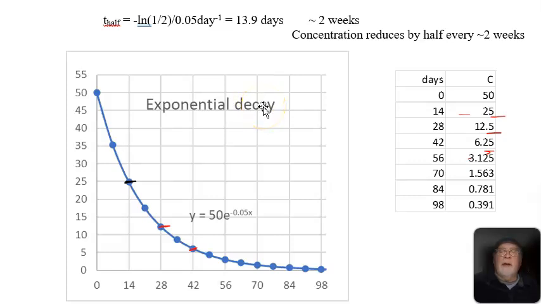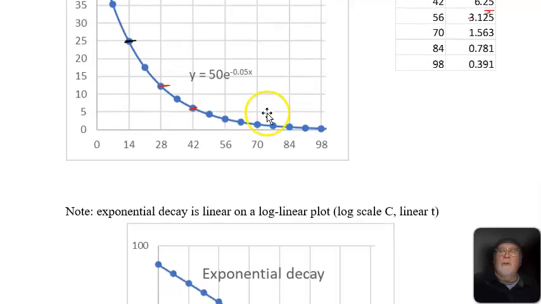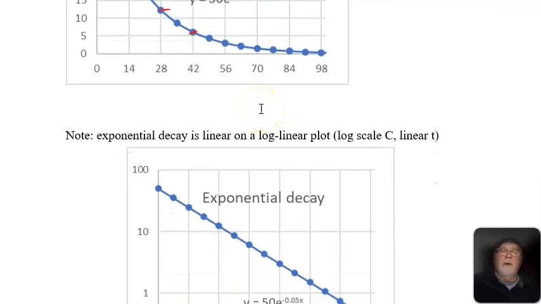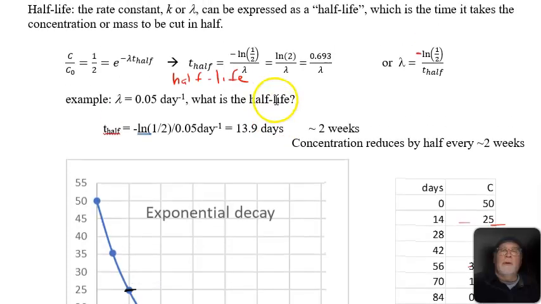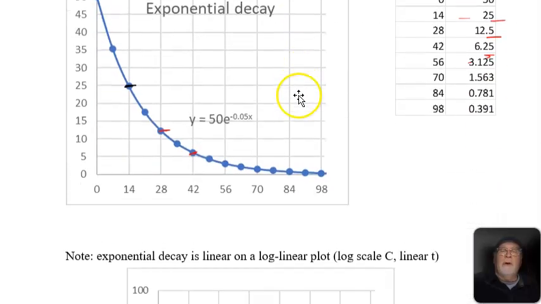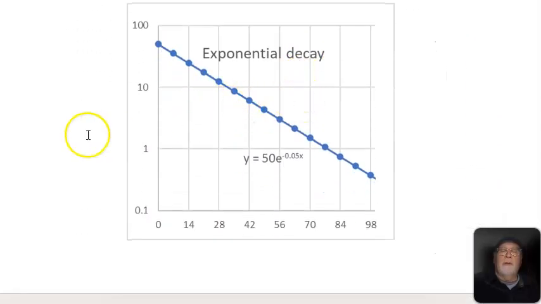So we like to use the half-life. We'll go back and forth with those. You'll see in the software we use, you can put in a half-life, or you can put in the K value. A note also, if you look at that equation, if you take the log of both sides, you find that the concentration, if I plot it on a log scale versus time, is a straight line.